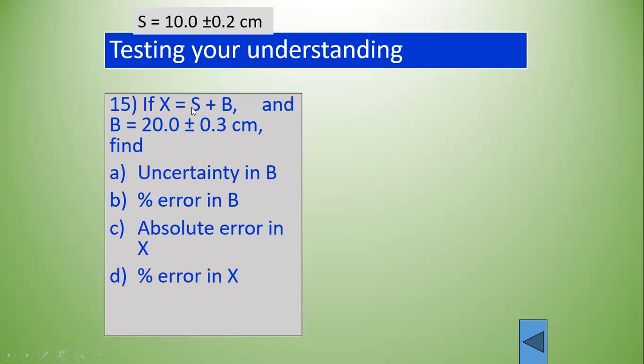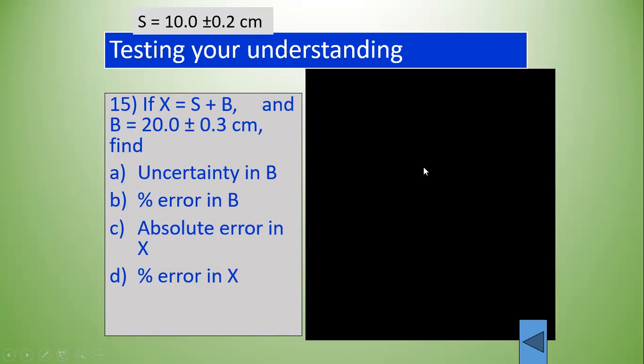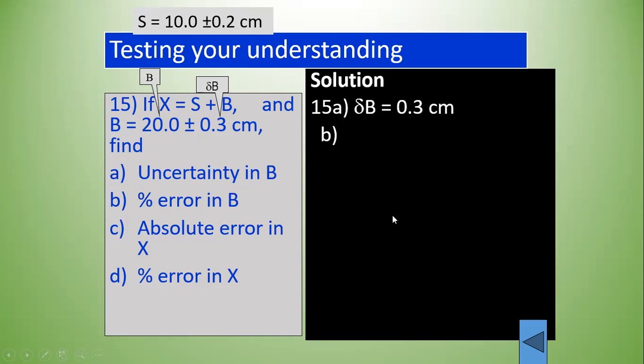X equals S plus B, and B has its uncertainty. Just to reinforce, so you know how to identify that is your delta B, that's your delta S. So delta B is 0.3. Percentage error in B is delta B over B times 100.